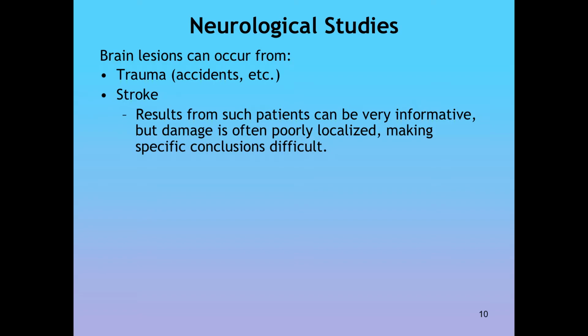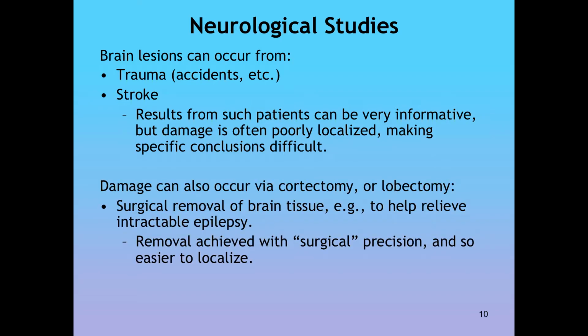So an alternative is actually to create the damage ourselves, or get a licensed surgeon to do it, by very carefully removing brain parts via things like a cortectomy, removing parts of the cortex, or a lobectomy, removing an entire lobe.